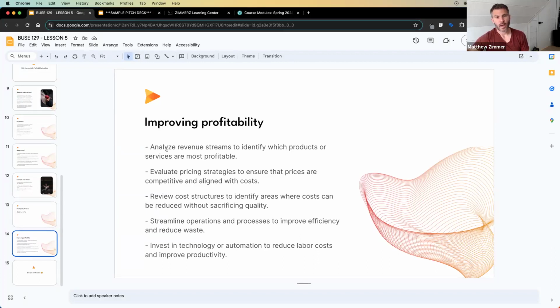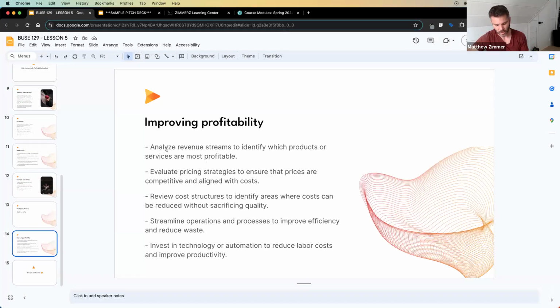So when we do this unit analysis, it gives us some important data that can help us improve our profitability over time. So there's basically a couple ways we can improve profitability: raising revenue, lowering costs. The more discrete data we have, the easier this becomes.